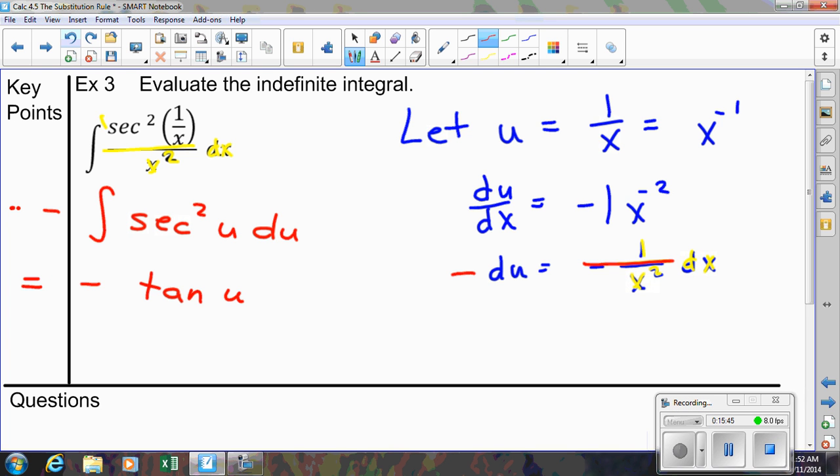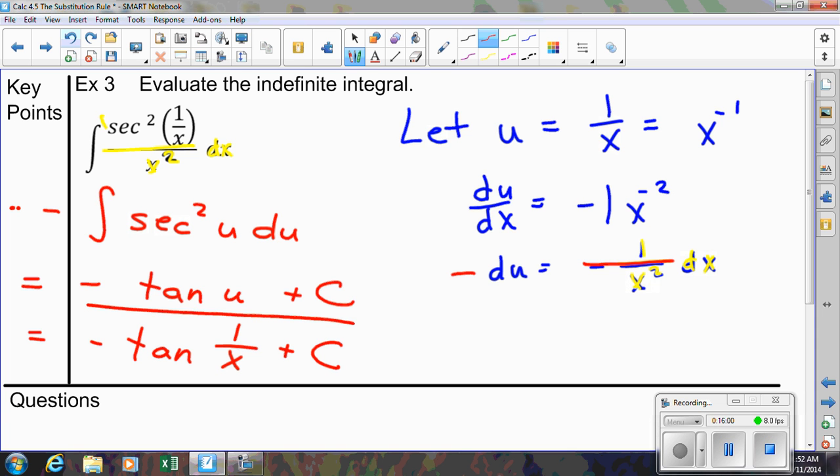We need to then plug back in our u. U is equal to 1 over x. And we have our antiderivative. Evaluating the indefinite integral, we're finished.